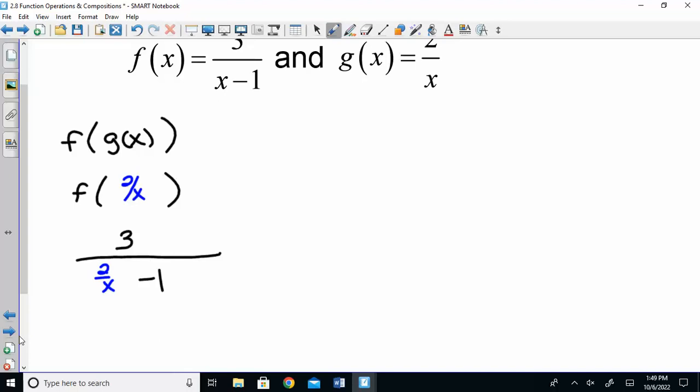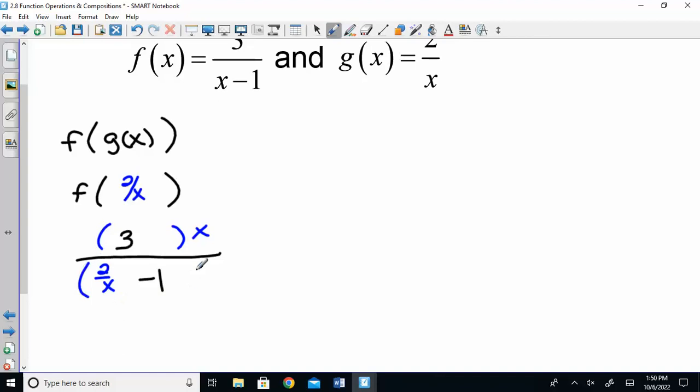Now, what's wrong with that answer? Fraction and a fraction. That's bad notation. We're better at math than that, so we're not going to leave it like this. What's an easy way to get rid of it? What trick did I use before? Multiply by the denominator, which is just x on this one.